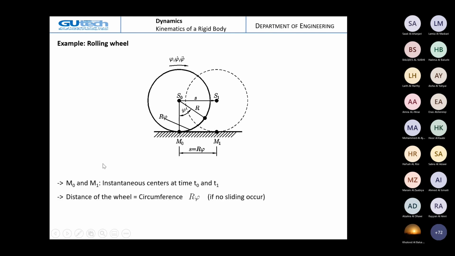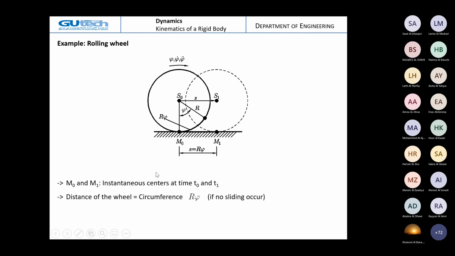Now we have here the center of rotation, which will be only on the ground. That means we have the initial position here and the actual position here, described by the dashed line.